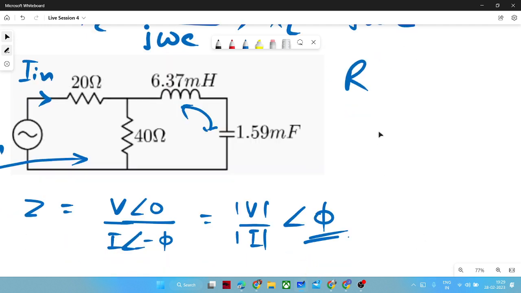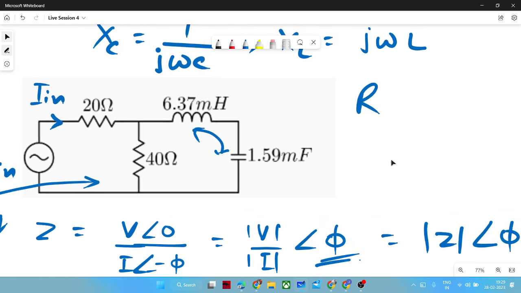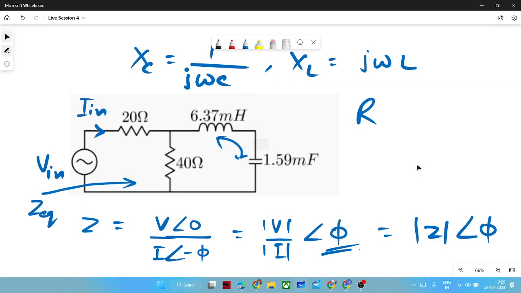Because V by I is mod Z at angle phi. That angle will give your power factor angle, right?